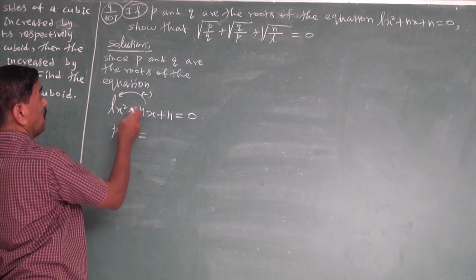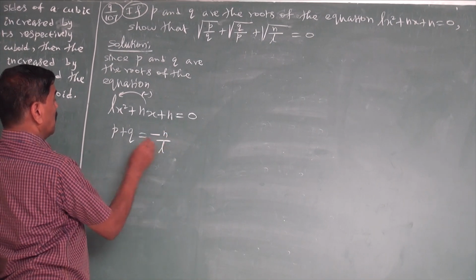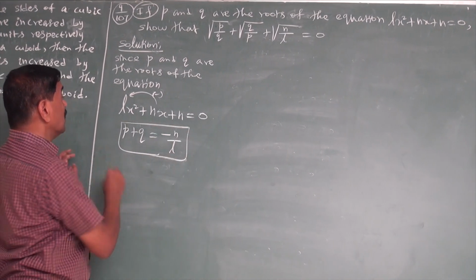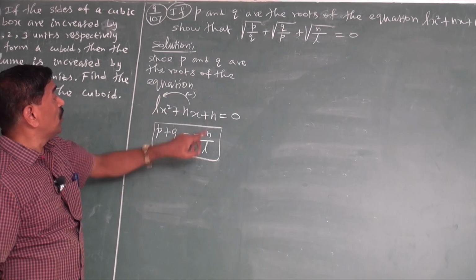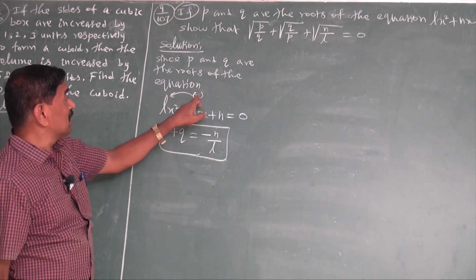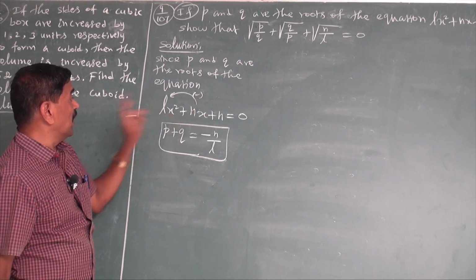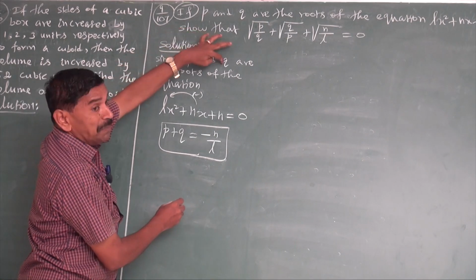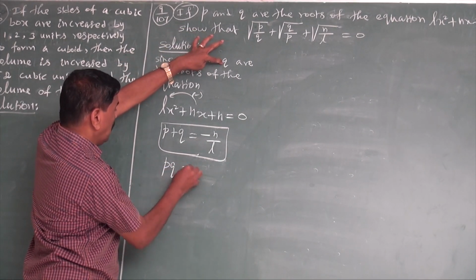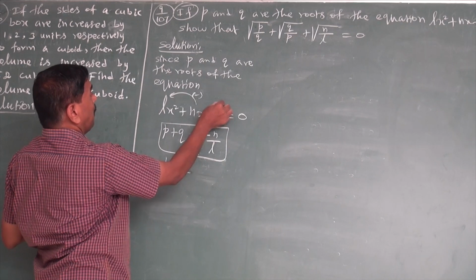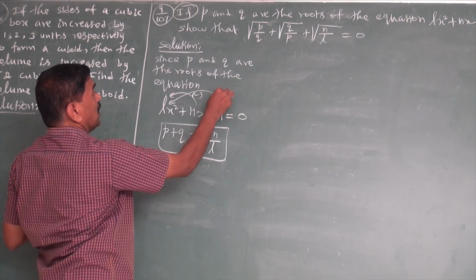So the first answer: sum of the roots p plus q is equal to minus n by l. Next, product of the roots p into q, that is pq, is equal to c by a.